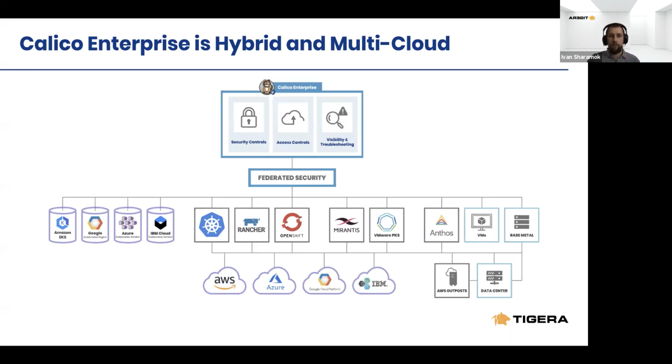You can see that Calico itself can be installed in a wide range of Kubernetes distributions. On the left-hand side, the managed cloud solutions for Kubernetes are represented, then it can also be installed in on-prem Kubernetes distros as well as cover VMs and bare metals, extending to outside of the cluster as well.